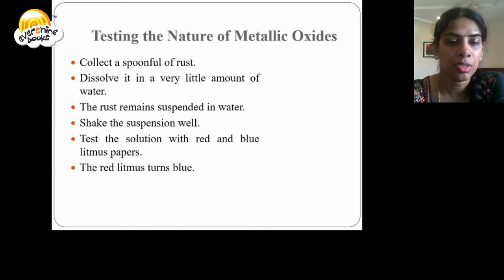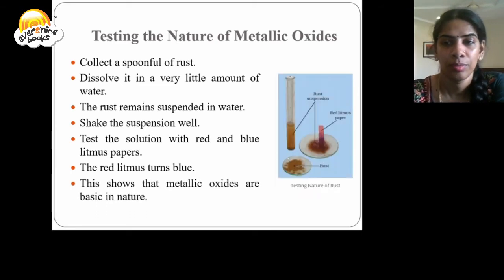The red litmus turns blue. This shows that the metallic oxides are basic in nature. We are taking the rust in the spoonful and dissolving it in water to form a suspension. Now you are testing the solution for its nature.